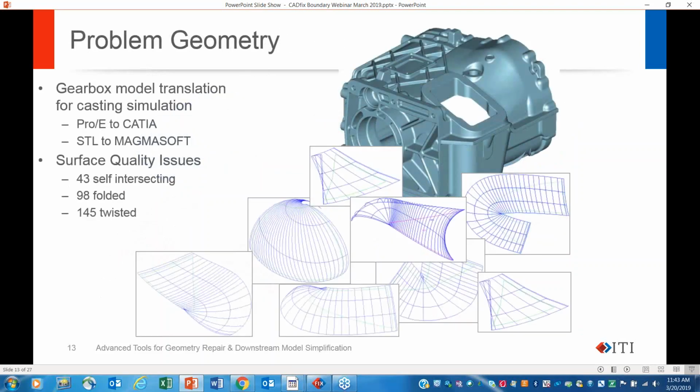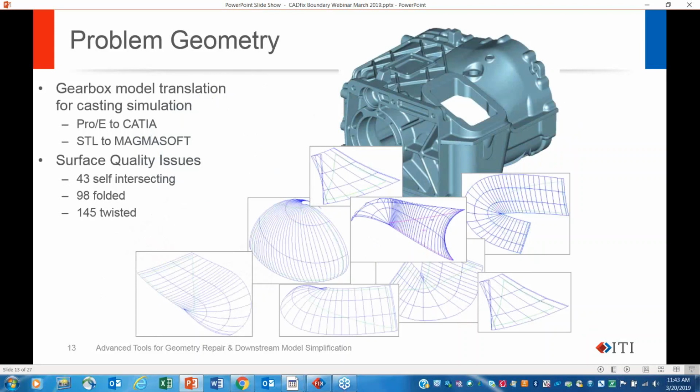This is kind of a case study of a particular model. This model, a gearbox model, was ultimately headed towards a system called MagmaSoft, which is a casting flow simulation software. And you can see the original model had a huge number of surface problems, self-intersecting surfaces, folded surfaces, twisted surfaces. So those are just some pictorial examples of some of the fixes.